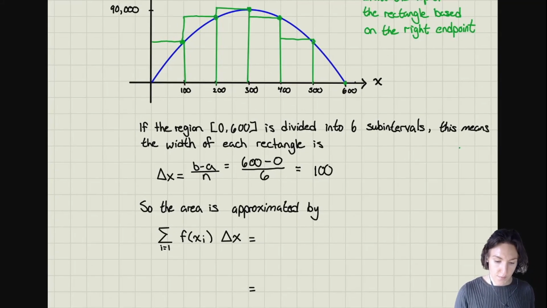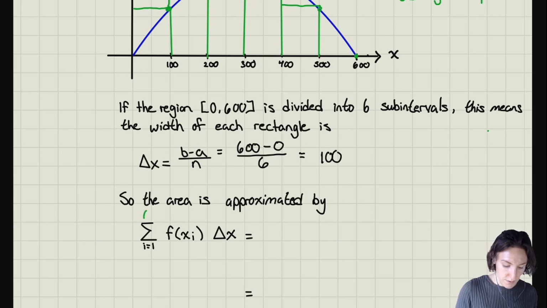So for the area of this first rectangle, this value is going to be f at 100, times that width. Then it will be f at 200 times the width, plus f at 300 times the width, and so on and so forth. If I wrote that in sum notation, I'm going to have 6 rectangles in total.